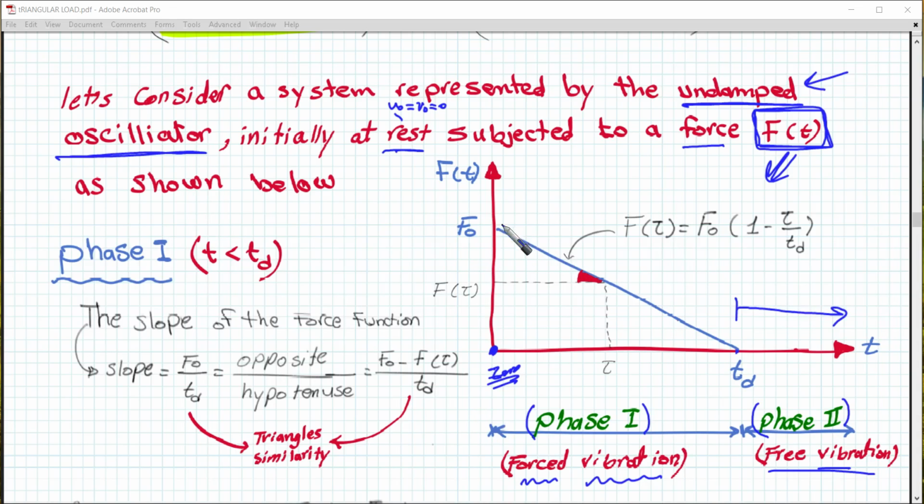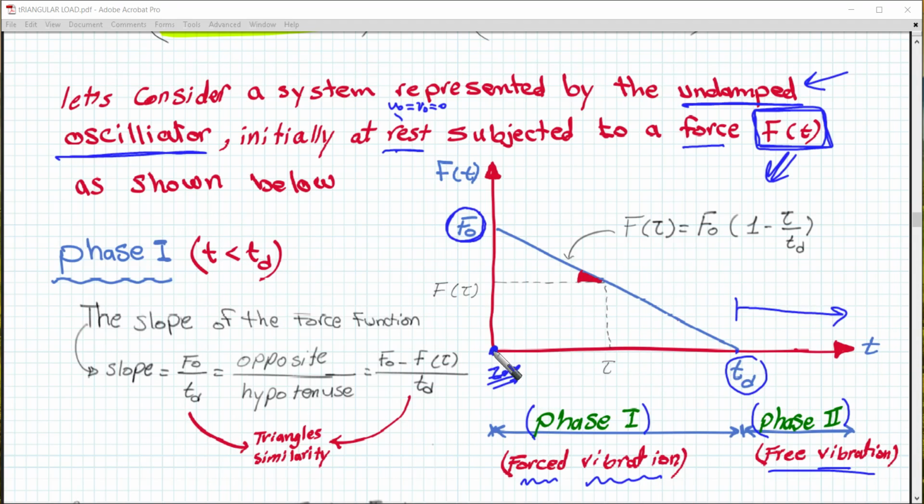Okay, so if we look at the force, we are going to find that at t equals 0, the force magnitude was F node, and at t equal to td, the force magnitude is found to be 0. Then we need to put a function for it. Let's start from the basics in order to put the function for this line. We are going to start with phase 1, where we have t less than td.